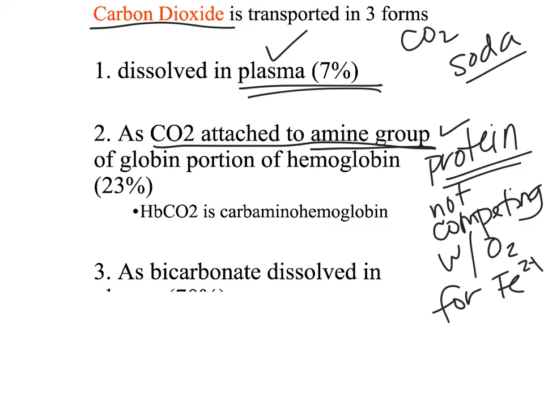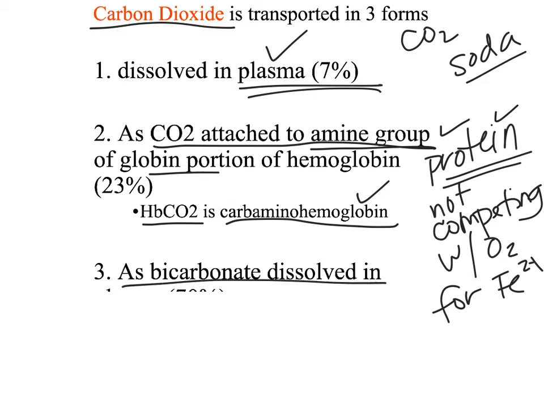It's binding to a totally different place. It's binding to the protein, which is the amine group of the globin part. They call that, this is one of my favorite words, carbaminohemoglobin, HbCO2.